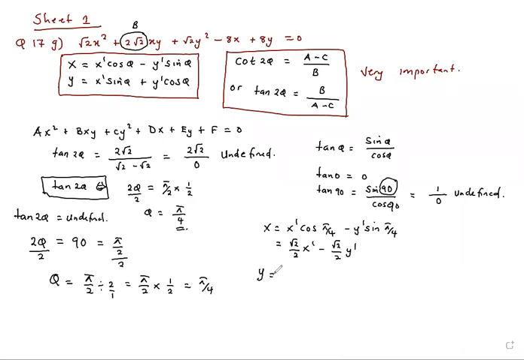We also get y. y is x prime sine 45 plus y prime cos 45. Now this is x prime. Sine 45 is the same as cos 45. So again, we're doing root 2 over 2 x prime, minus, which is plus now, root 2 over 2 y prime.